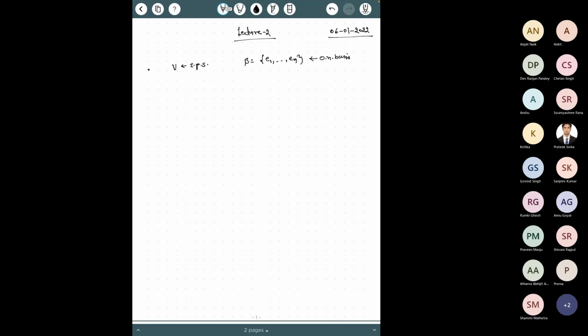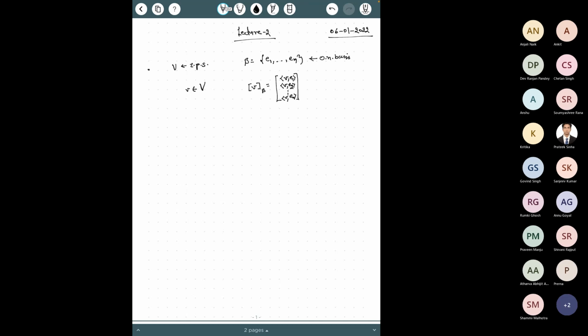Now if I take any vector V in this vector space, I can write its matrix representation. That I can do for any basis, but since this is an orthonormal basis, I can specifically tell the entries. The first entry would be the inner product of V with E1, the second entry the inner product of V with E2, and so on. The last entry would be the inner product of V with En.